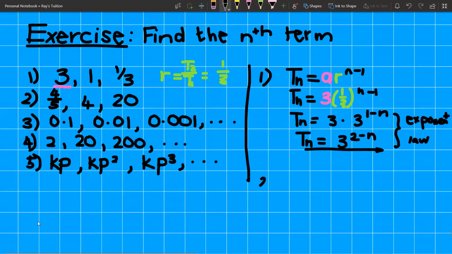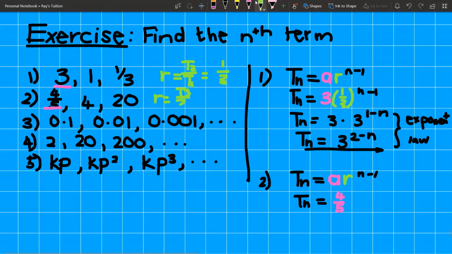Okay, so let's have a look at the second one. Once again, we have the general formula Tn is equal to A R to the power of n minus 1. And again, we're going to have to fill in what A and R are. A is the first term, and the first term for this sequence is 4 over 5. R is the common ratio, so we calculate it by saying any term divided by the previous term.